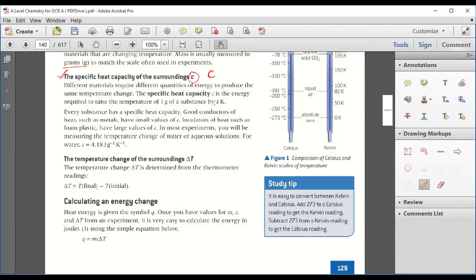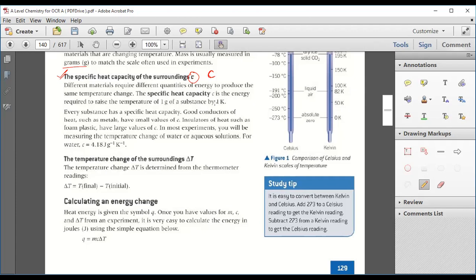Good conductors of heat, such as metals, have a small value of c. If something is a very good conductor, it can allow heat to pass through it, and if heat is passed through, the temperature will increase. So if a substance is a good conductor, its specific heat value, that is the c value, is very, very small.